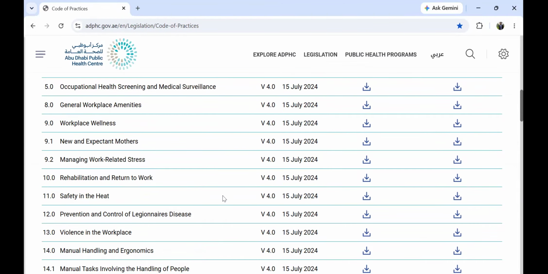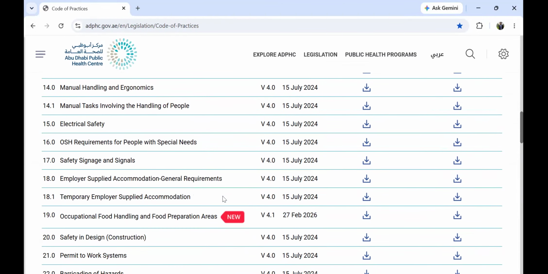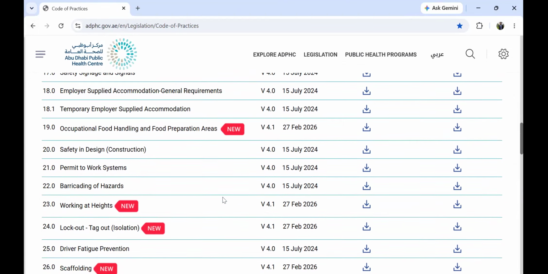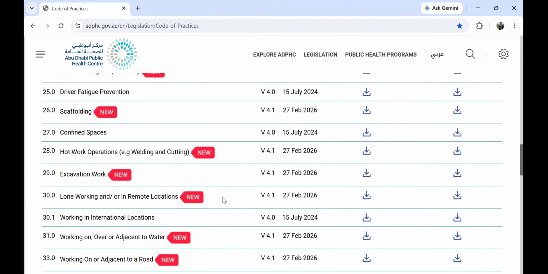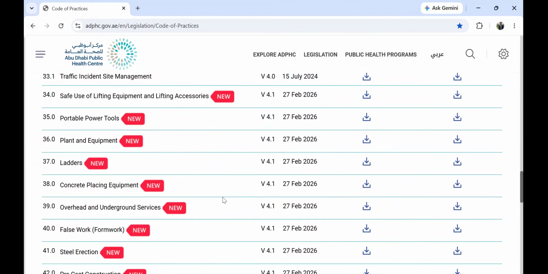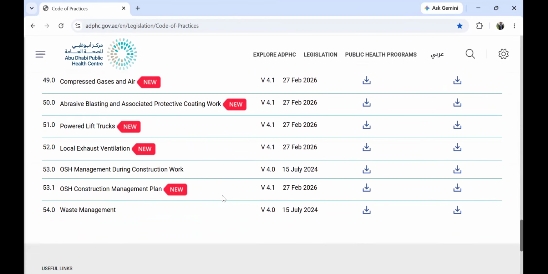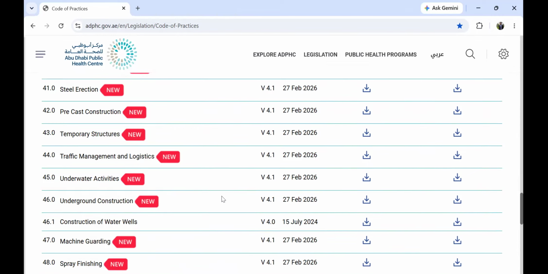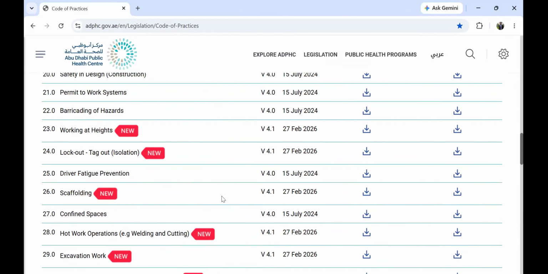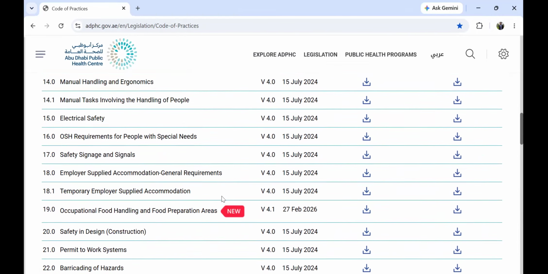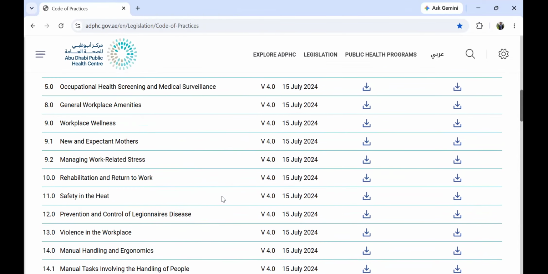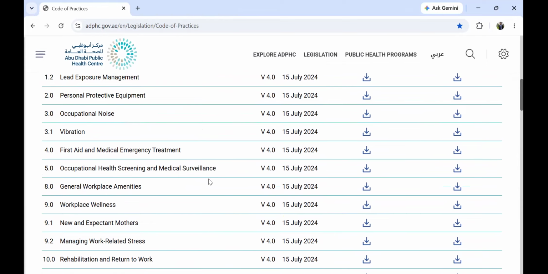Before, this was part of this. In this OSHA SF, this was part of the special section. So disabled people and also pregnant ladies, expecting mothers, are considered as special needs. So their rehabilitation, returning to work if somebody got injured.